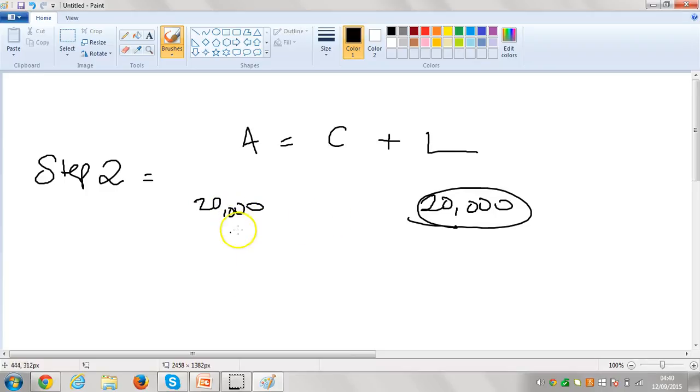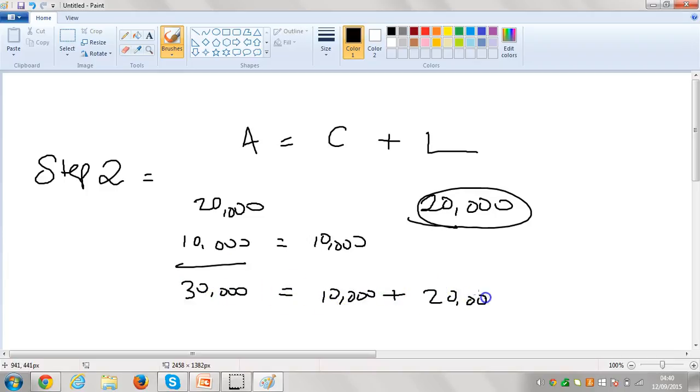Initially, you had 10 that you had borrowed from the owner, and you had 10 sitting in the bank. And when you add everything together, your equation remains true. Okay, let's go back to our PowerPoints.